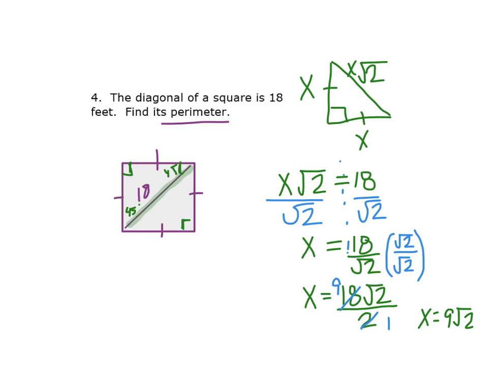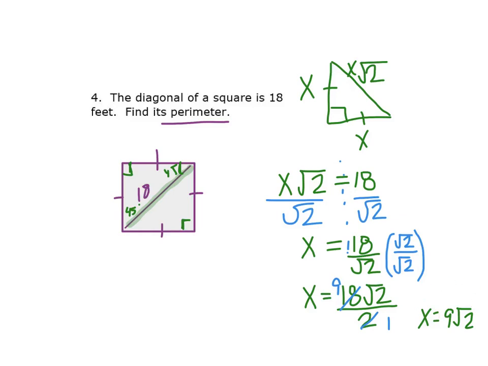If you remember the pattern from earlier in the unit, we did say if your hypotenuse is represented by a value that does not have a square root, the shortcut would be to take that hypotenuse, divide by 2 times the square root of 2. 18 divided by 2 is 9, and then we multiply it by the square root of 2.